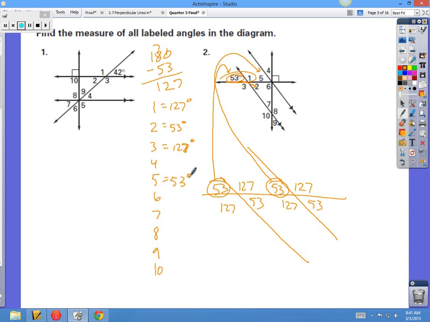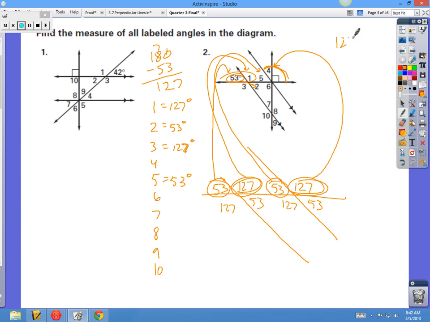Now what else can I get? I know this guy right here is 127. 127 is number 1. But on this 127 is these two guys added together.